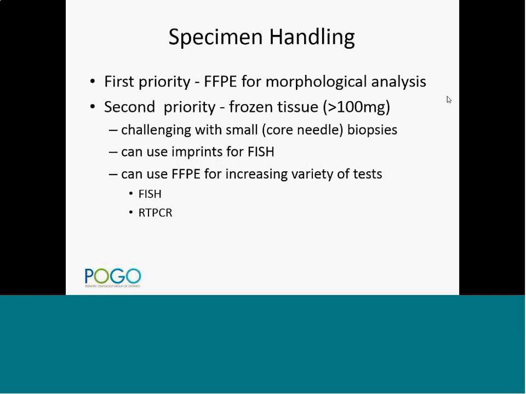The second priority is fresh tissue. So if you receive tissue that's from query rhabdomyosarcoma, always place aside some for paraffin, and then if you can also place some aside for freezing, that will certainly help with ancillary tests.